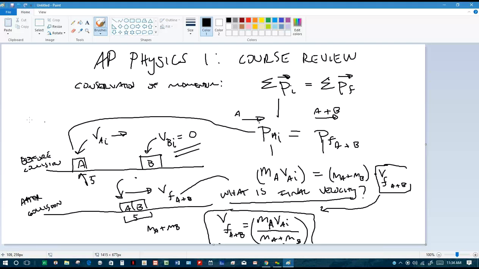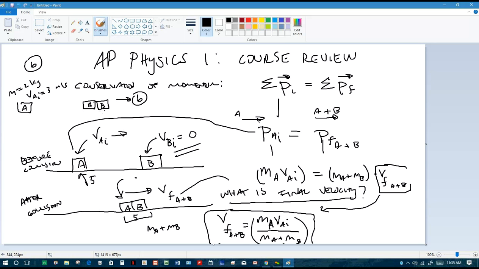So if, let's say, for example, this was block A, and let's just say his mass is 2 kilograms, and let's say his velocity initially is 3 meters per second, then his original momentum in terms of units would be 6. So that means if he were to collide now with another object and stick to it, and they're now going to move to the right, they also have to have 6 units of momentum.